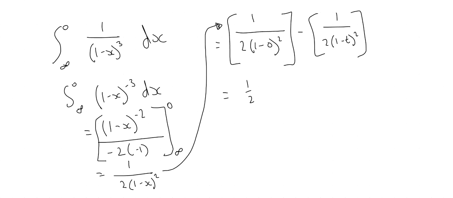What's going on here? As t gets bigger and bigger, what is going on with this fraction? The denominator is approaching 0? Well, it's never going to be 0. Hang on a second, let me think about that. Sorry, this is 1 minus t.